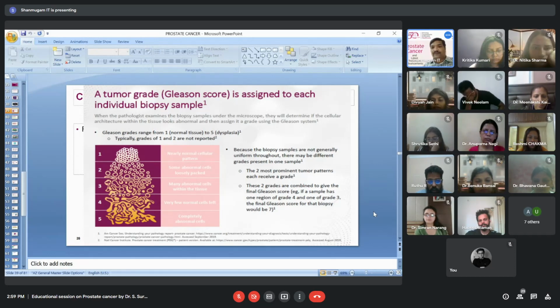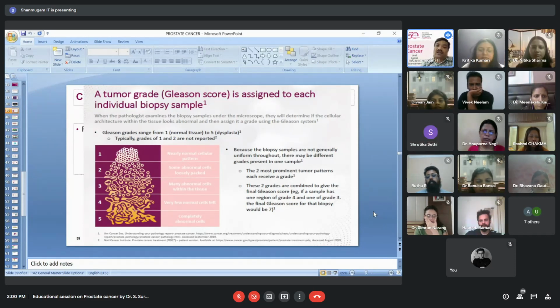Because the biopsy samples may not be uniform throughout, there may be different grades present in one sample, and we have to take the 2 most prominent grade tumors, and the combination of that will be taken as the final Gleason score. So the best possibility is you have 1 plus 1, 2, or extending to 5 plus 5, 10.